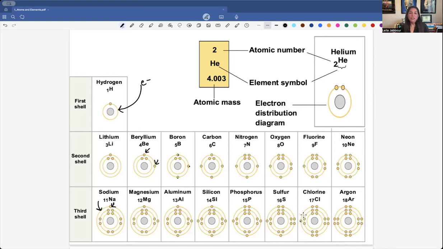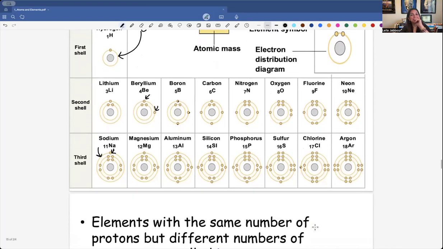You're going to see that the last shell, the valence shell, has 7 electrons. So either we ditch those 7, or what would be easier is to gain one from somewhere. I wonder where chlorine's going to gain an electron from.